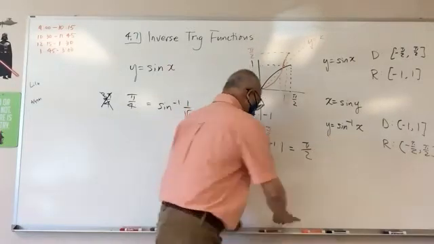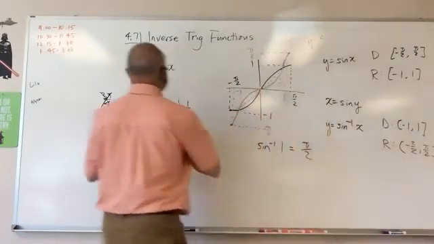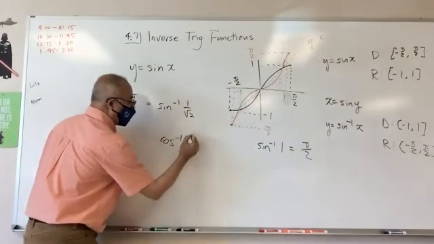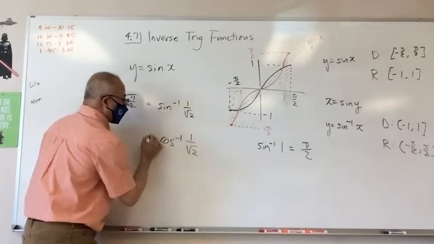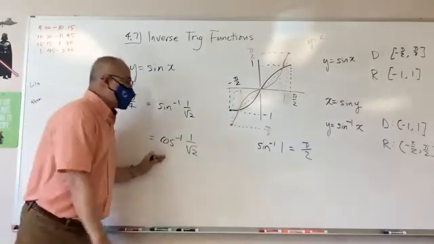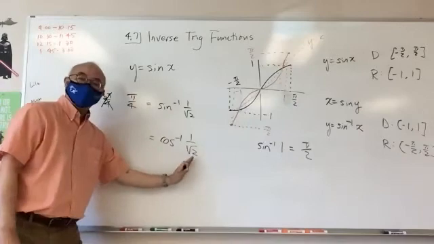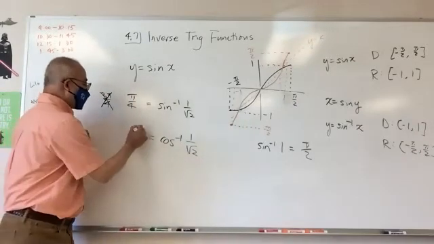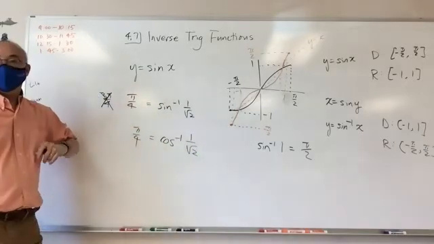So let's say I asked, what is the arc cosine of 1 over root 2? What is the angle which gives me this value? 45, pi over 4.